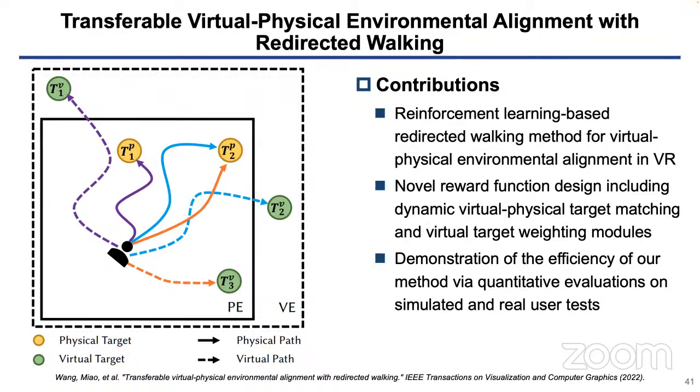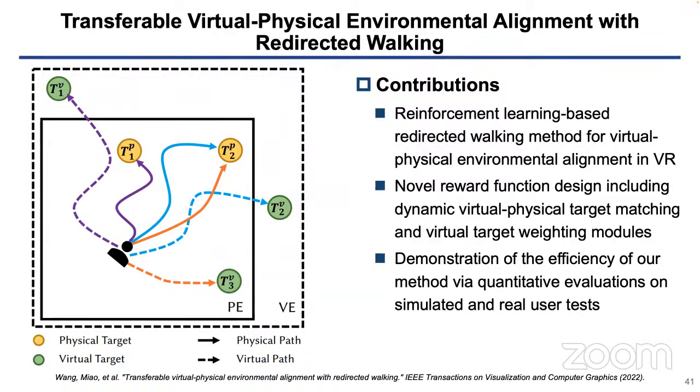For example, we can let the yellow point TP2 match the green point TV2, and we also let TP2 match TV3. In this way, we can use the physical space as much as possible, reusing the positions that can be matched to positions in the virtual space.